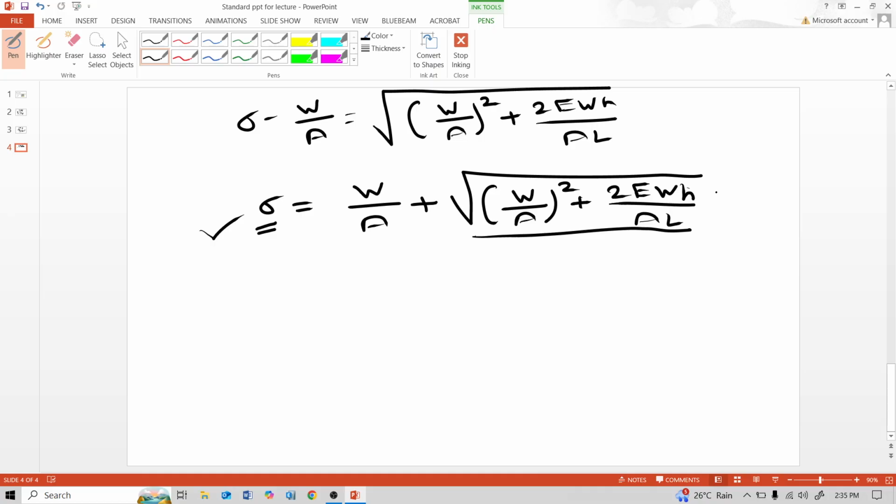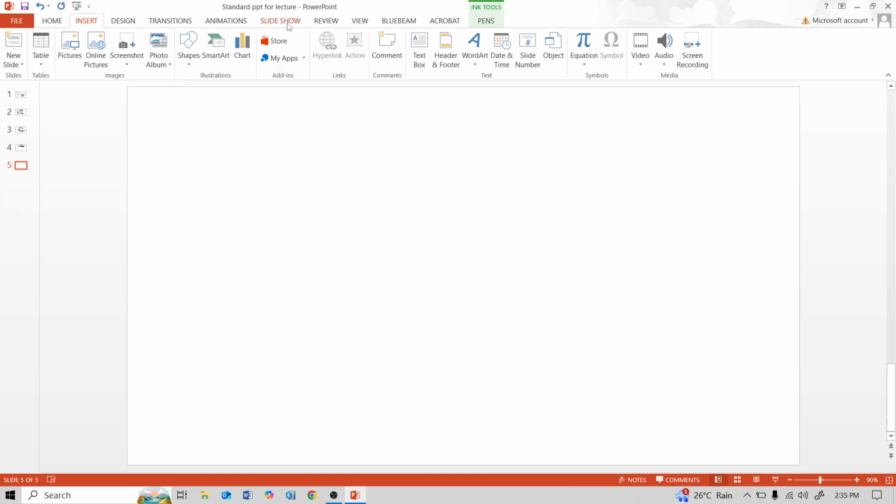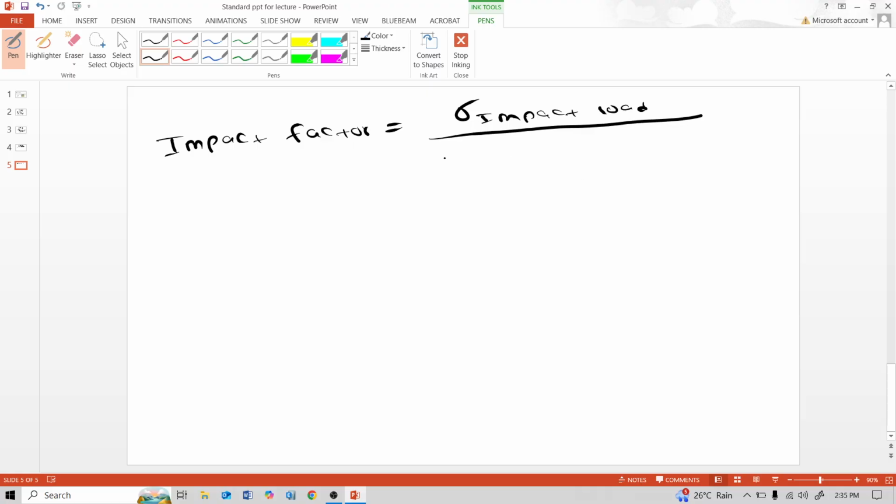Impact factor is nothing but the stress due to impact load divided by the stress due to gradually applied load.